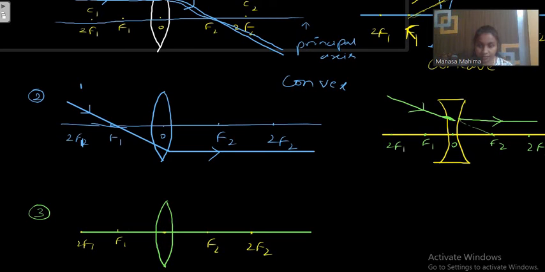And as we know, if a ray is passing through the optic center, it will go without any deviation, like this. This is the case of the convex lens. What about the concave lens?